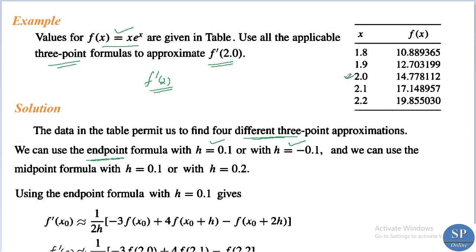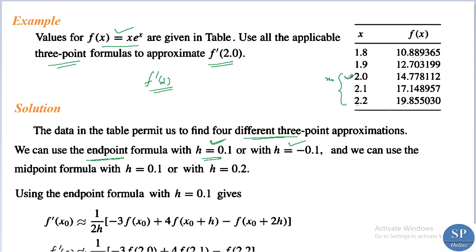So to use the endpoint formula, this value will be at the endpoint. If we are using h equal to 0.1, we can use these points 2, 2.1 and 2.2 to find the approximate value at the point 2.